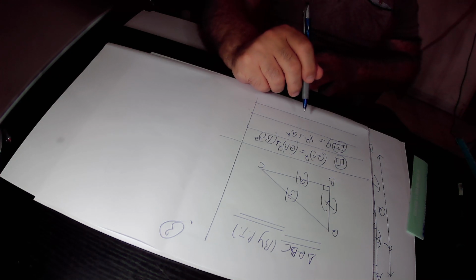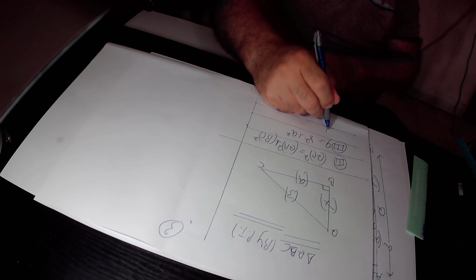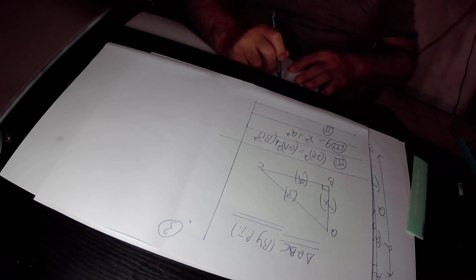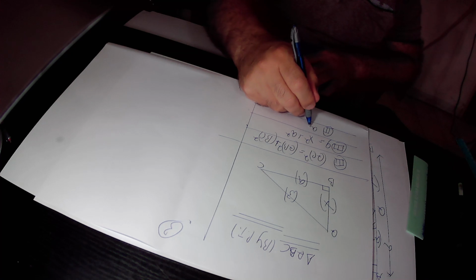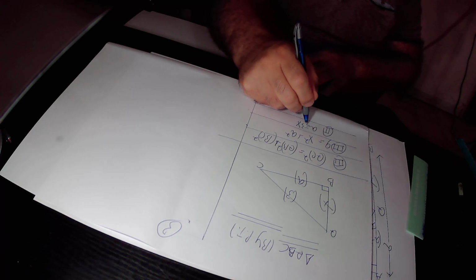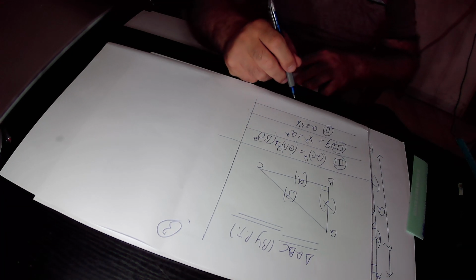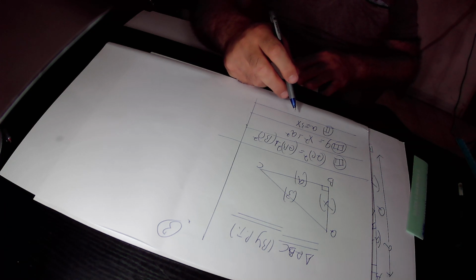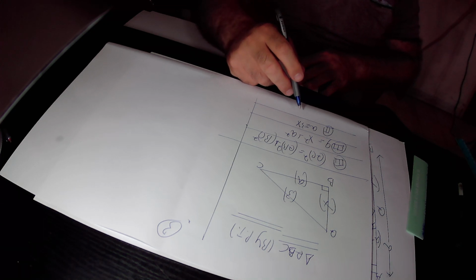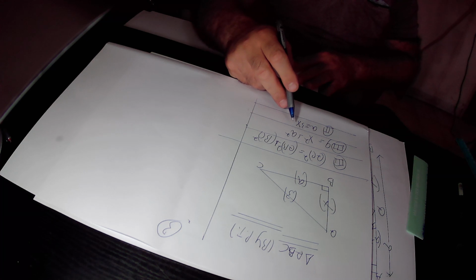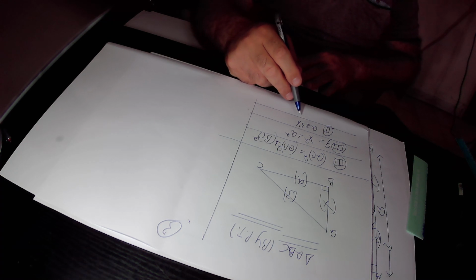This is according to equation 3, but according to equation 2, we already found out that a equals 3x. If a equals 3x, it means that a squared must be equal to 3x squared. So I write it down. We substitute a squared in equation 3 by 3x squared from equation 2.